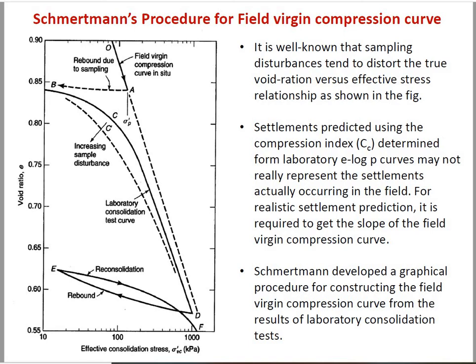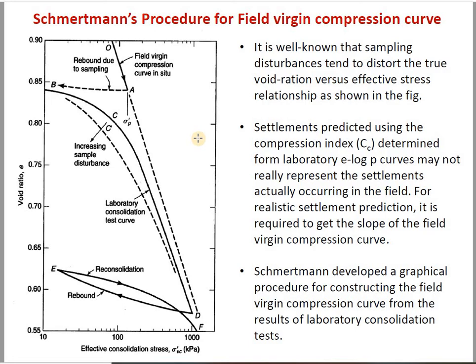Whatever compression index you determine from the lab to find the settlement is not the actual Cc value. Actually it will be different. So how do we get realistic settlement that is correlated to the field? For that, Schmertmann developed another graphical procedure where a field virgin compression curve can be constructed from the laboratory consolidation test.